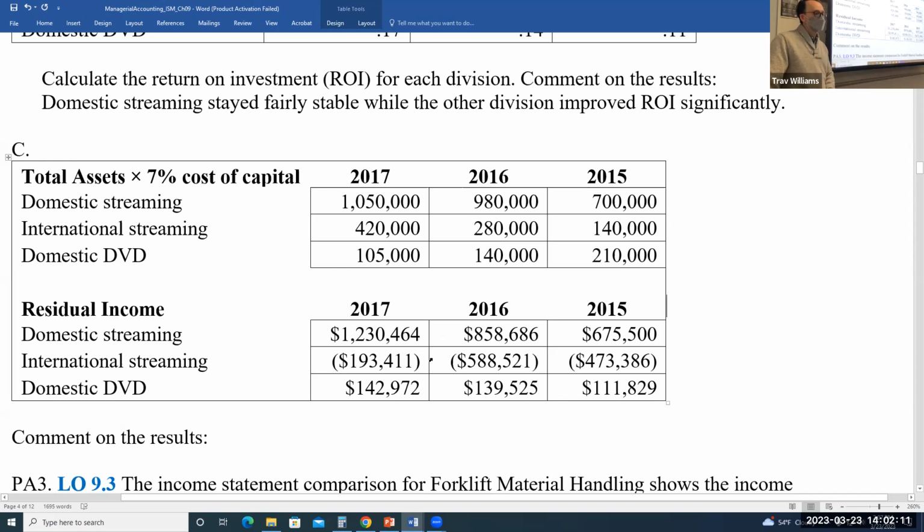And like I mentioned, even though the other two analyses showed us that we had a profit for international streaming for 2017 and a positive ROI, we have a negative residual income. In other words, when we factor in the cost of capital, international streaming is not doing that well.